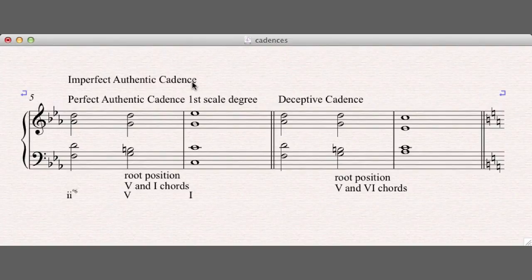Now, these imperfect authentic cadences are stronger in quality or closer to a sense of closure than the half cadences are. But this is a very important thing to recognize with classical music, especially in Mozart's era.